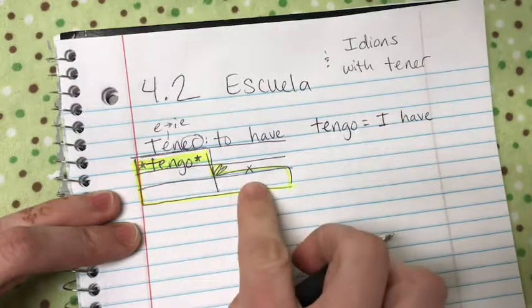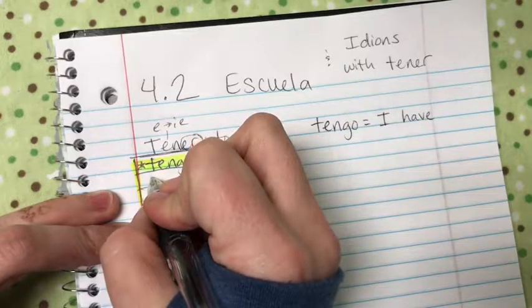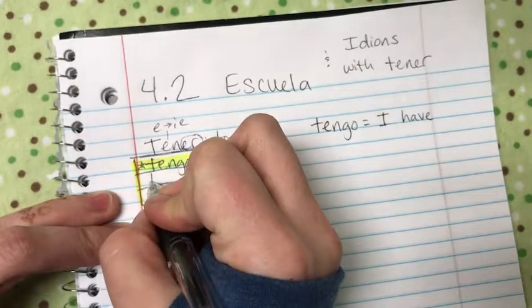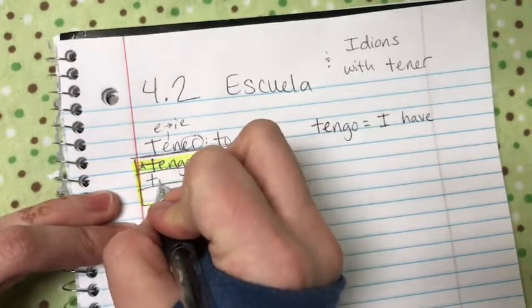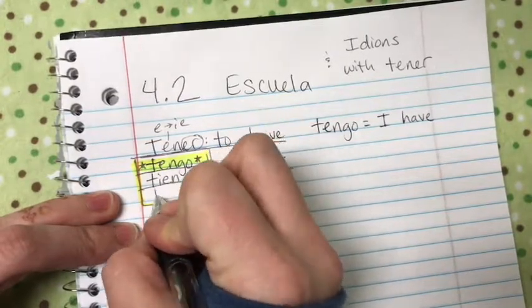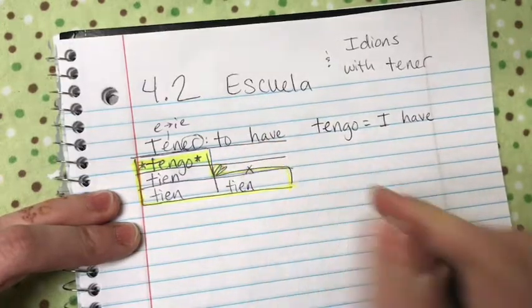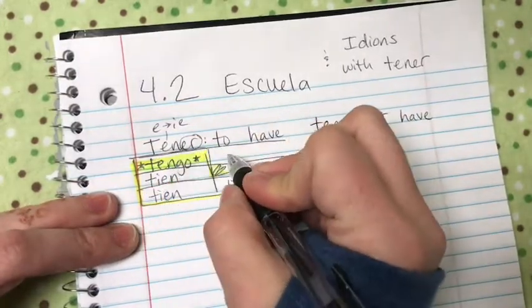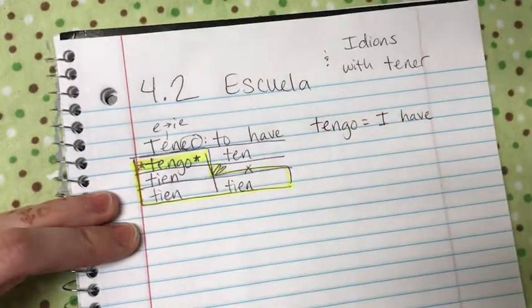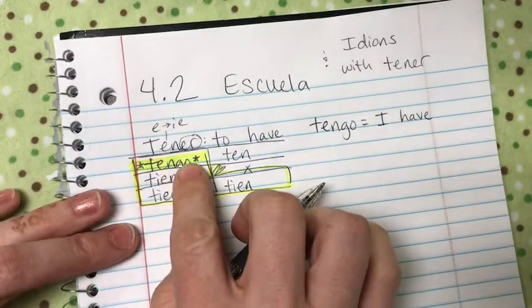So for the rest of it, my stem changes from T-E-N to, what's my first letter? T. Next letter? I. Then? E. Then? N. Tien. And here, outside of the boot, I have my original stem, ten. So now my endings. I already have tengo.